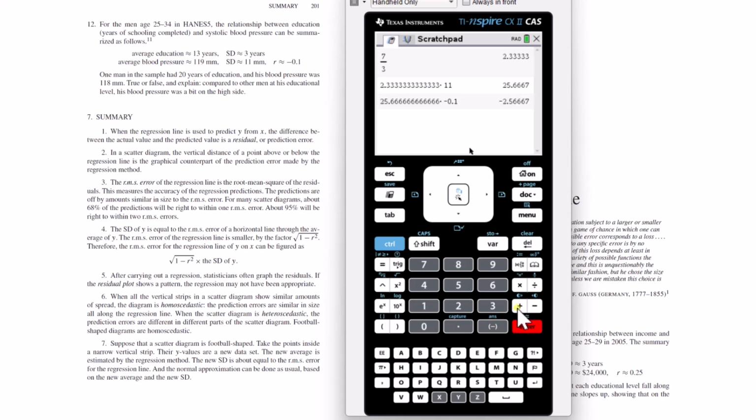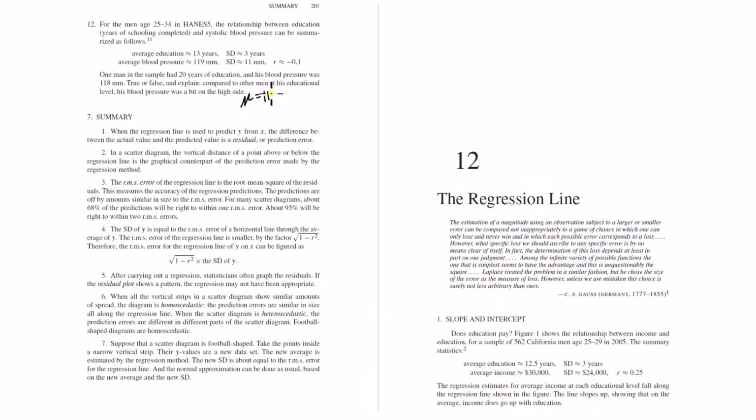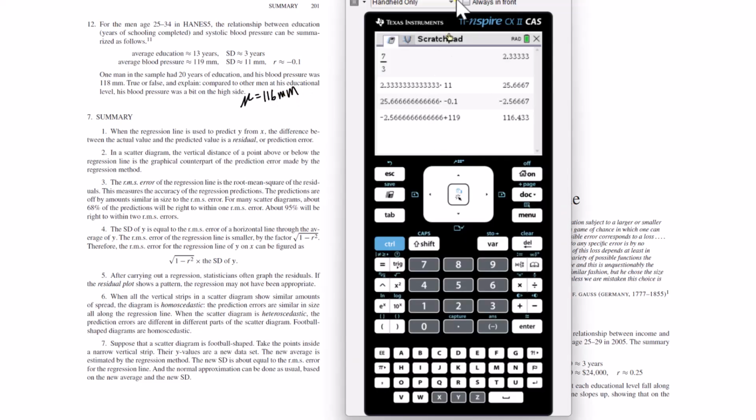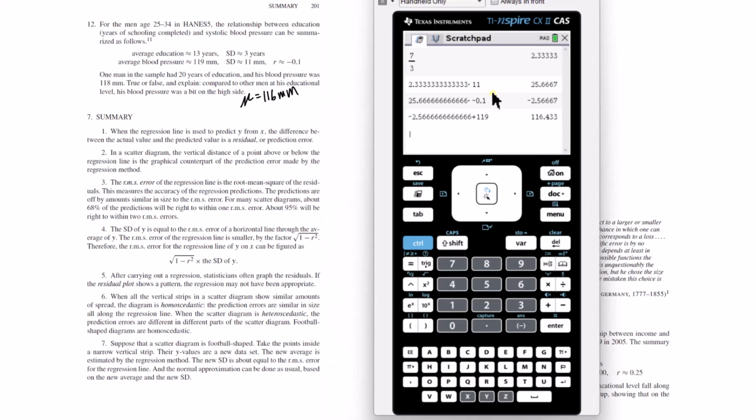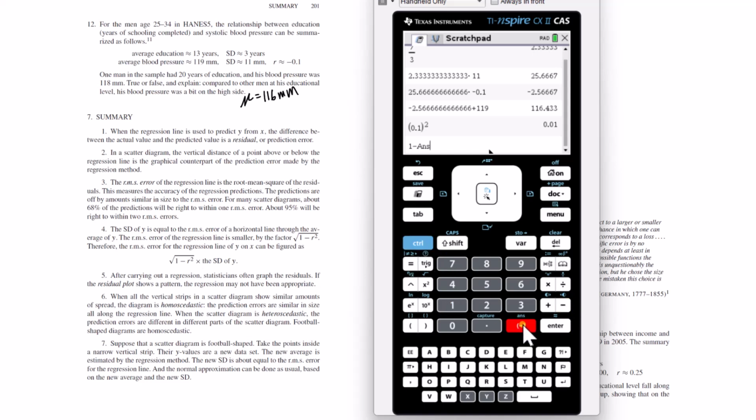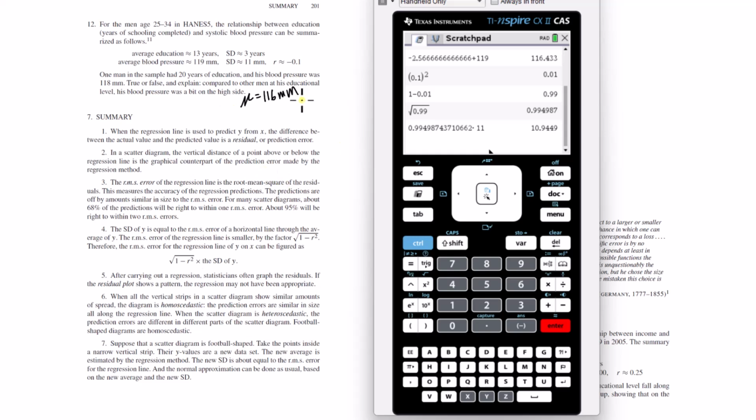So we're going to go this much below average with respect to blood pressure. So there's the new average, 116 millimeters. The new standard deviation for this is the R.M.S., assuming it's football shape. So the square root of 1 minus 0.1 squared, times the standard deviation in the output, 10.9.